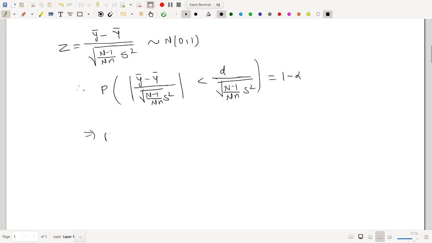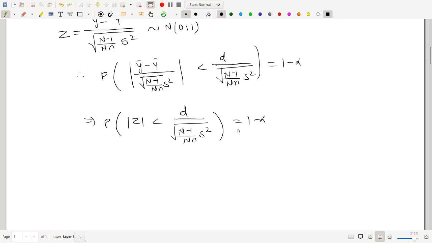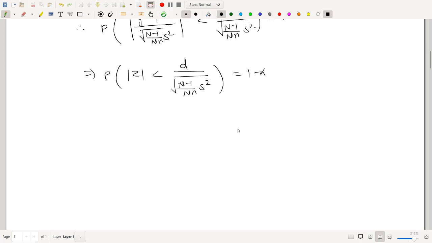So this implies probability of mod z less than d upon root of (n minus 1)/n S square is equal to 1 minus alpha. So here z follows normal 0 1, standard normal variable. So we know this thing.